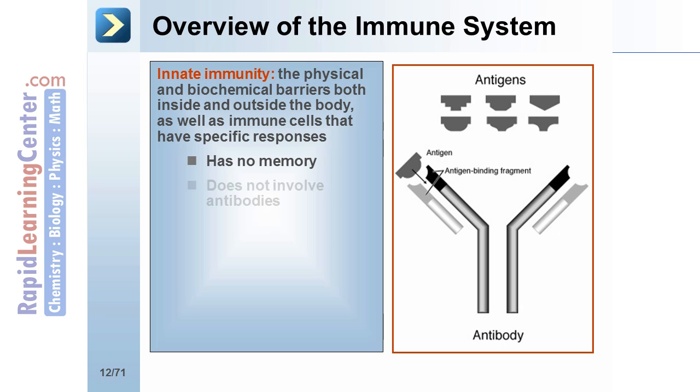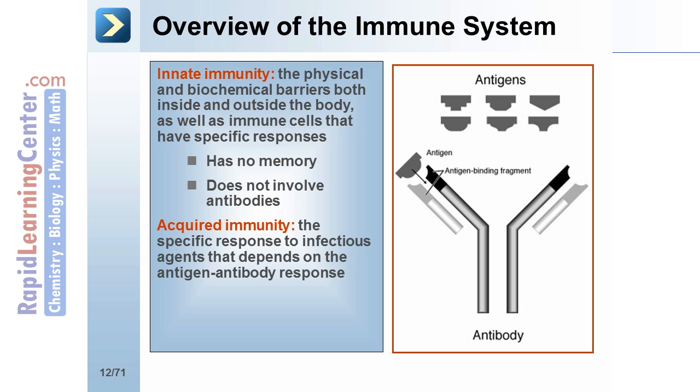It has no memory and the innate immune response does not involve antibodies. In contrast, acquired immunity is the specific response to infectious agents that depends on the antigen-antibody response. The acquired immune system has memory and involves antibodies.